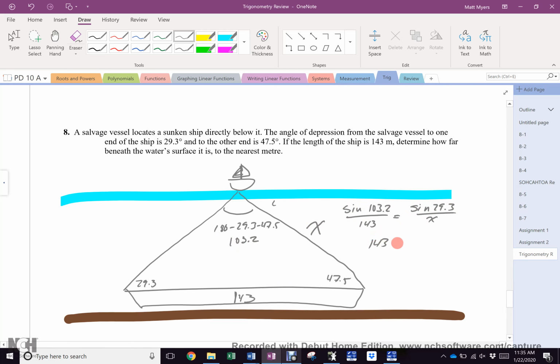So 143 sine 29.3 divided by sine 103.2 will equal x. Once I know x, then this q right here is sine of 47.5 equals q over x. Well, that means there's my x. Just put them down. When I do all this math, I get this to be 53 meters.